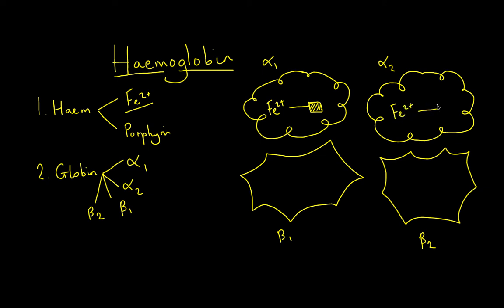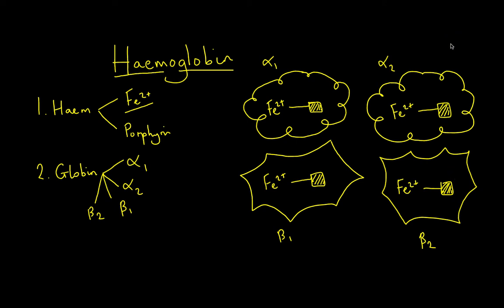So as there are 4 polypeptide chains, you also have 4 heme groups, which also means you have 4 parts of adult hemoglobin where oxygen can bind, because the oxygen binds to the heme groups to form oxyhemoglobin. So that's the structure of hemoglobin.